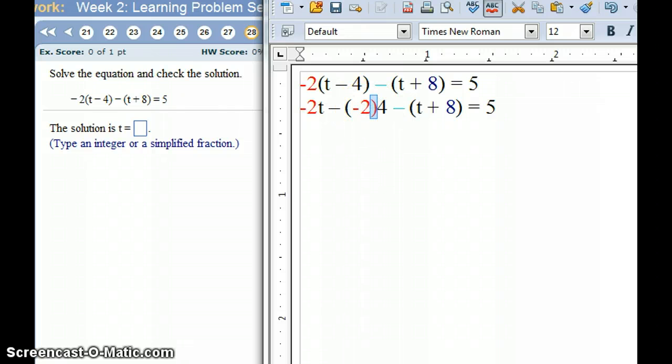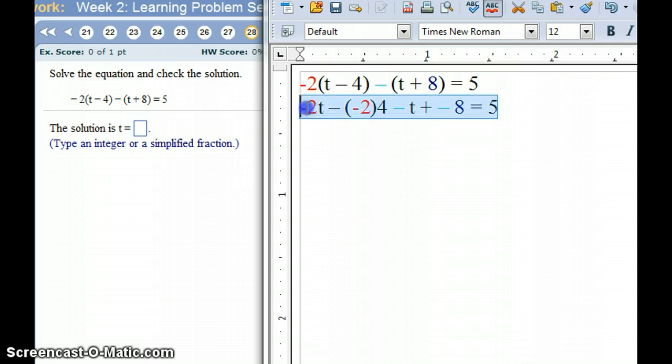And then over here, I need to do minus t, but I also need to do minus 8, or negative 8, when I get rid of the parentheses.